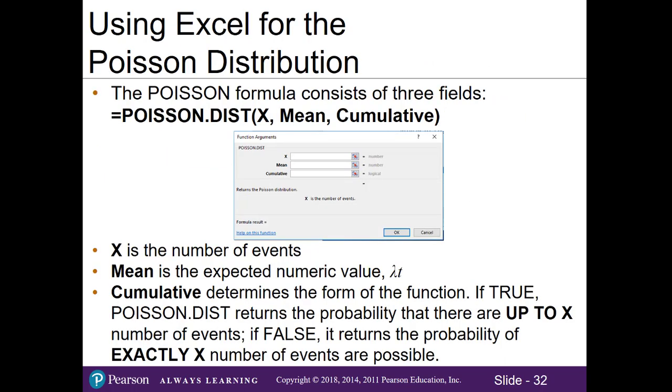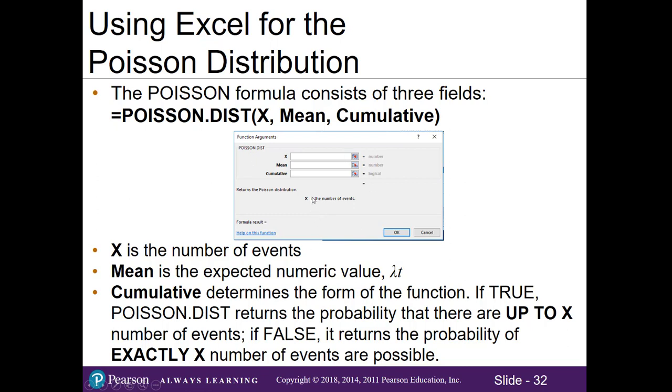To use Excel for the Poisson distribution, you can use a formula, as stated here, where we have equals Poisson.dist, and in our parentheses we will have our x value, our mean, and our cumulative. Or you can use the formula builder in Excel.